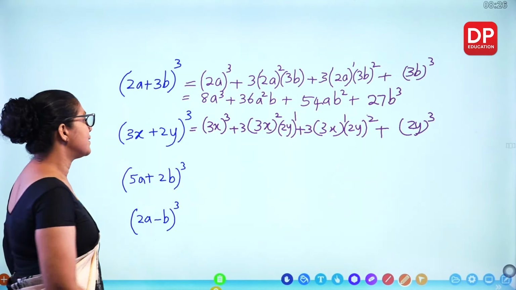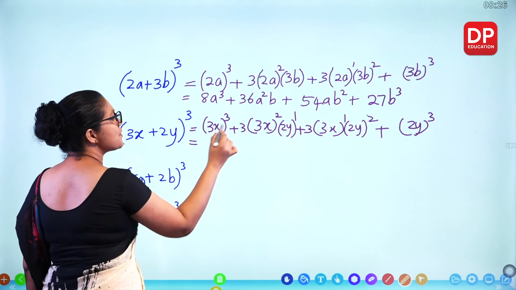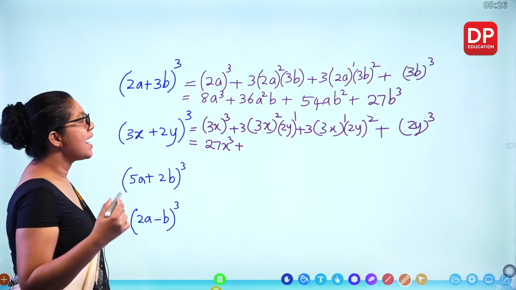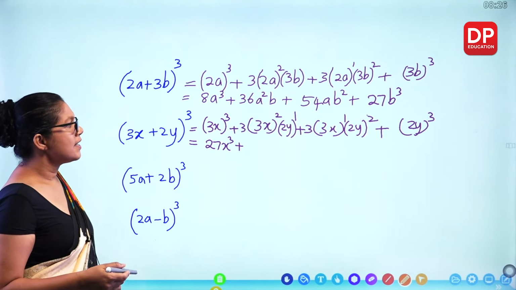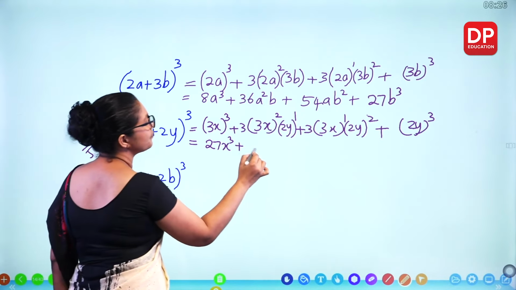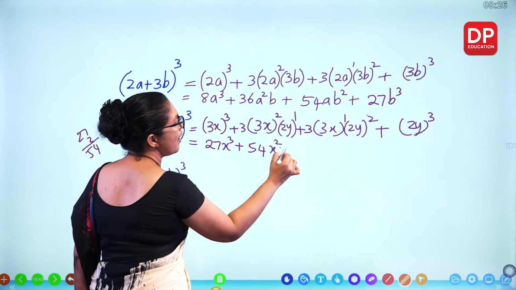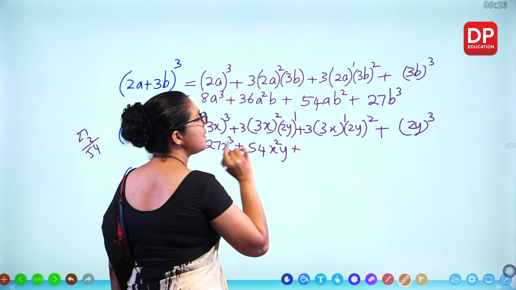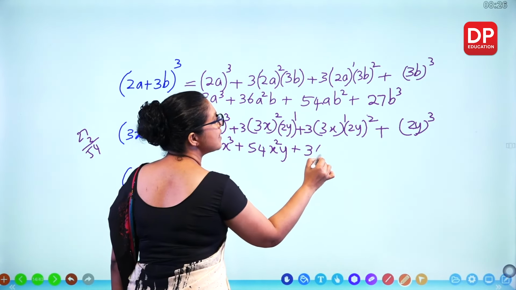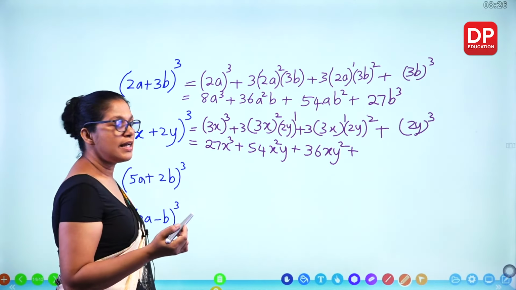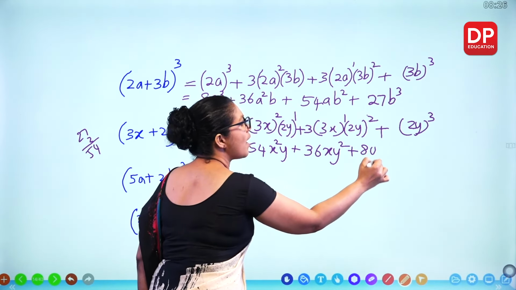Now expand. 3 times 3 times 3, 27x cube. 3 times 3, 9. 9 times 3, 27. 27 times 2, you get 54. X squared y. Here 2 times 2, 4. 4 times 3, 12. 12 times 3, 36. And then 2 to the power 3, you get 8y cube.